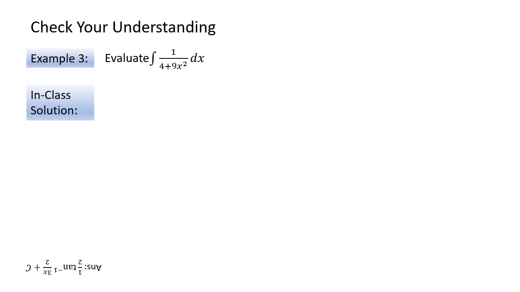All right. Our second example is to evaluate the integral of 1 over 4 plus 9x squared. Again, instead of the sine function, you remember the integral of the tangent function. So 1 over some constant a squared plus u squared was equal to 1 over the constant a times tan inverse of u over a plus a constant.